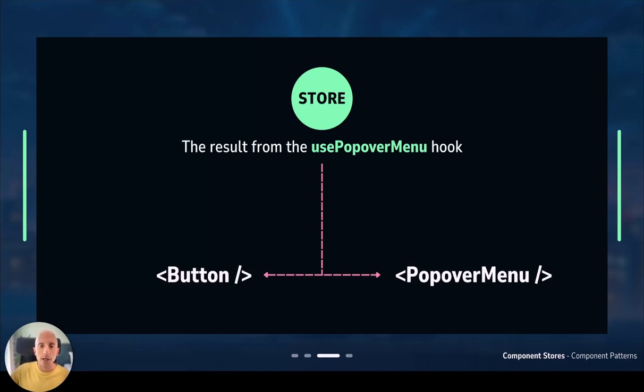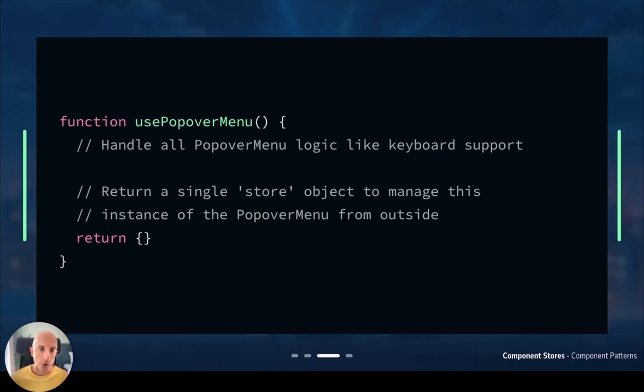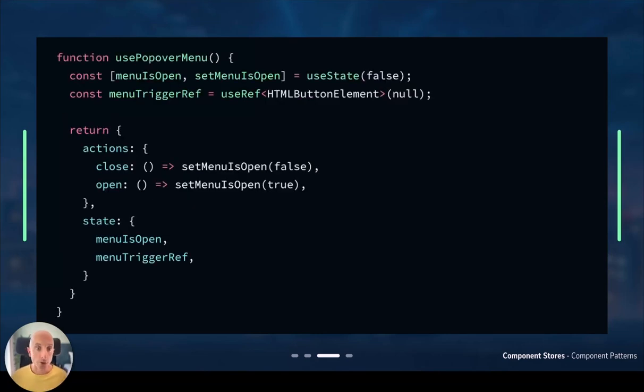So here we have the first example of the usePopoverMenu hook. Within this hook, we're going to handle all the logic like the show and hide states. We're going to handle all the keyboard support. And once we have all that logic done, we're going to return a single store object that can manage this popover menu, which is going to look something like this. So we have the menuIsOpen state hook here, and then we have the menuTriggerRef.